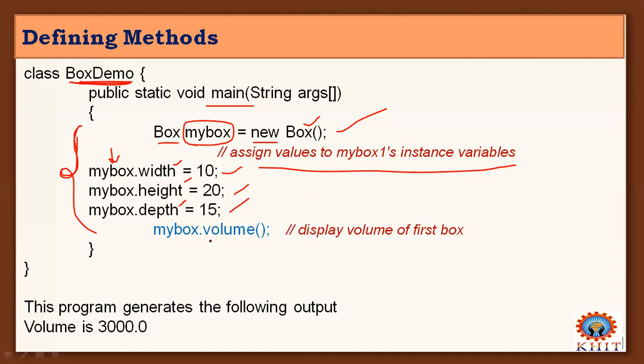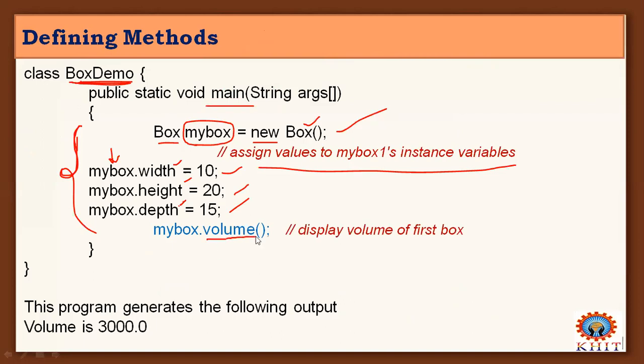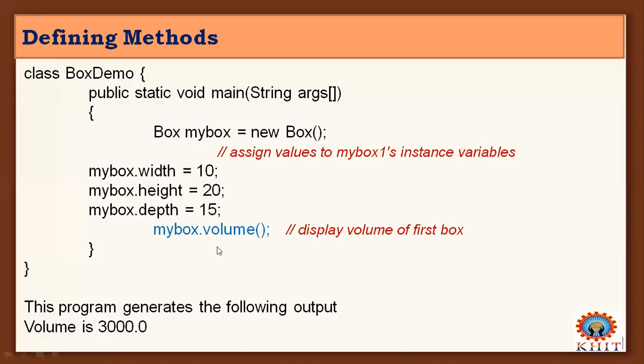And later, inside this box class there is a method called volume. So how to call this volume method of a class?